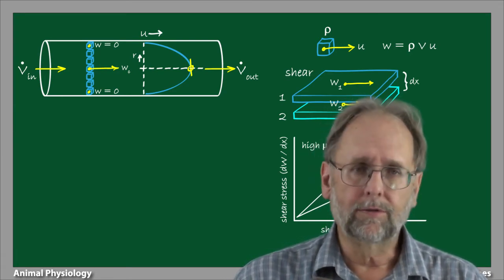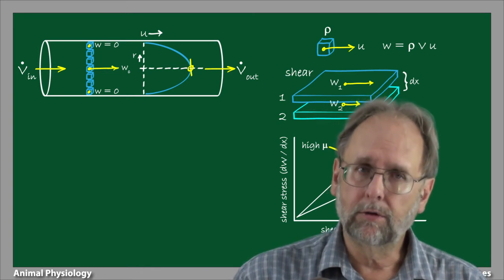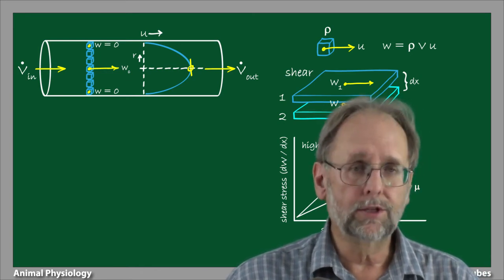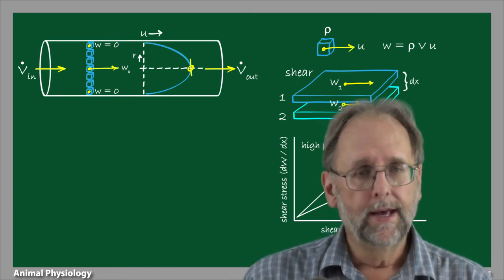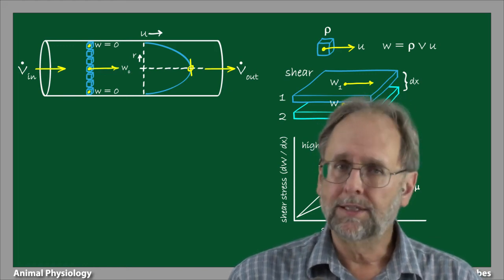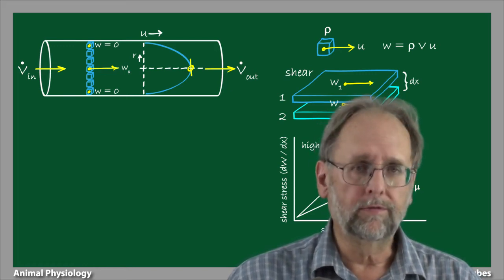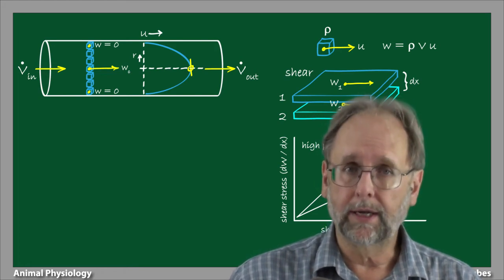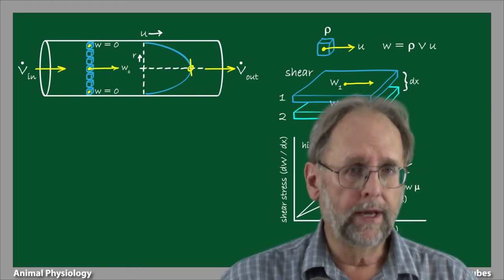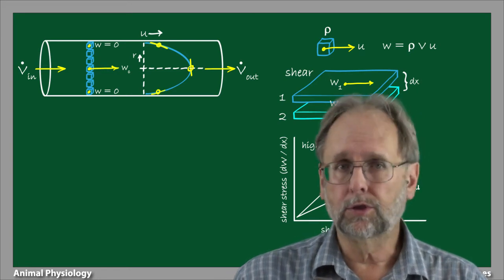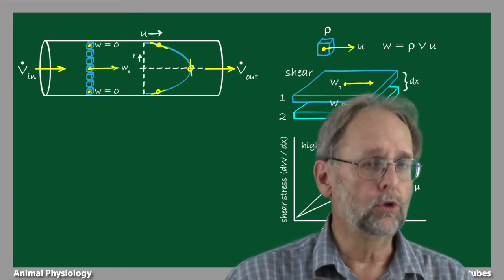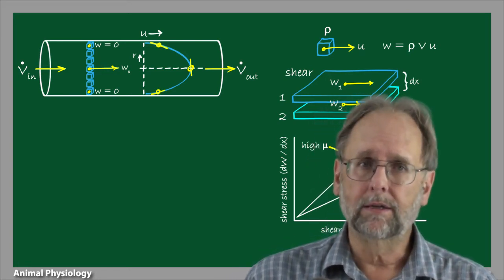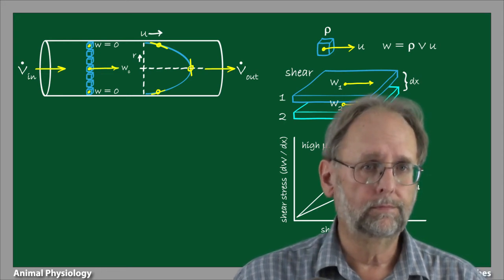The tangent, of course, represents the velocity gradient within the tube, that is, the shear rate. At the center of the tube, viscosity plays almost no role in the flow of fluid because there is almost no shear force operating there. Shear rate and shear stress increase the closer you get to the inside surface of the tube and is maximized at the tube wall.